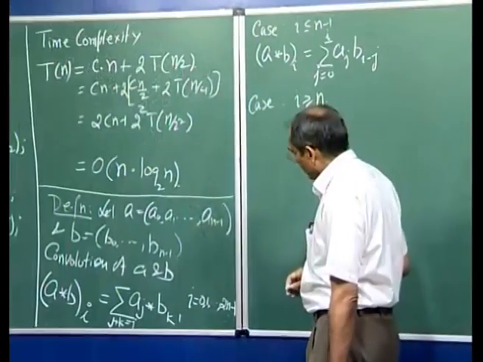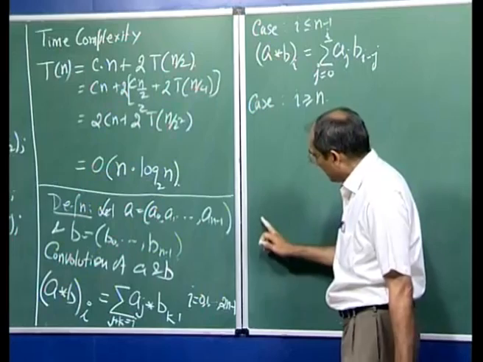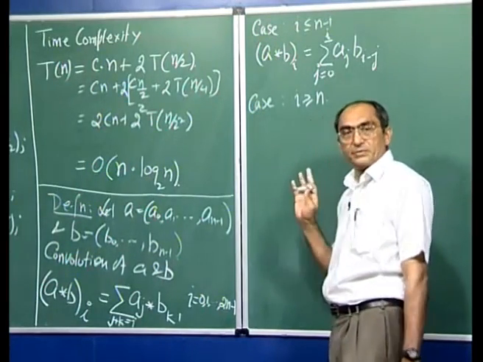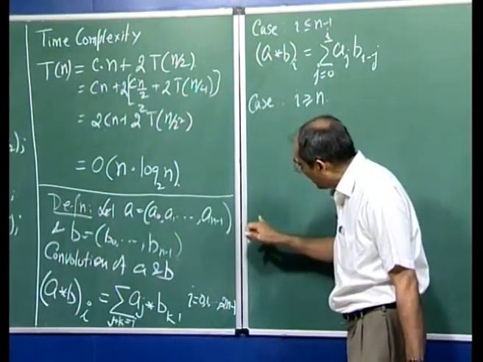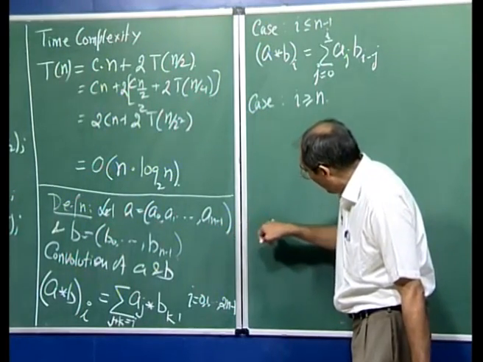Now, let us take a case when say I is n plus 1, just for the sake of an example. Imagine I here n minus 1, n plus 1.